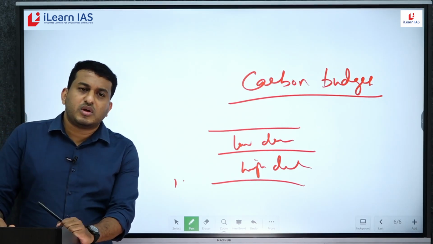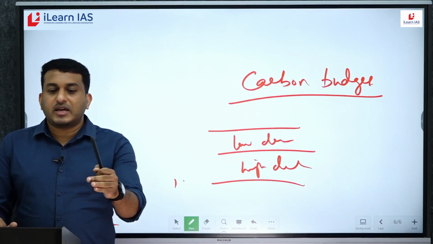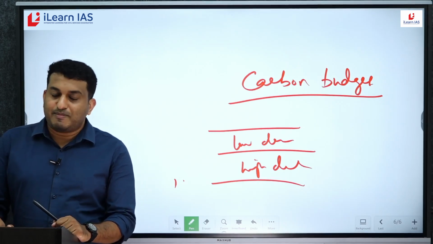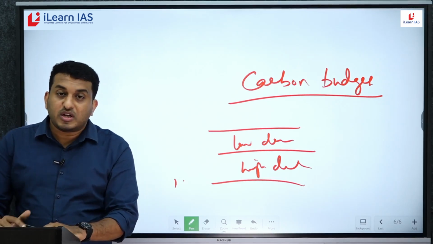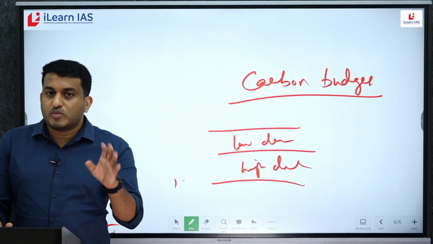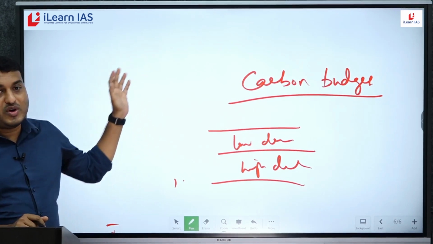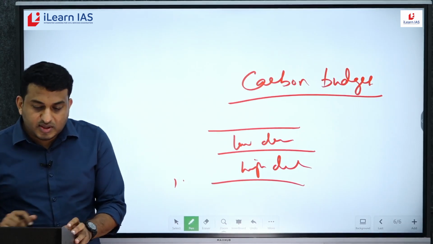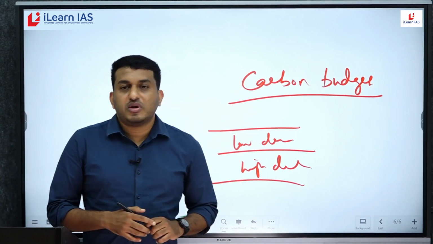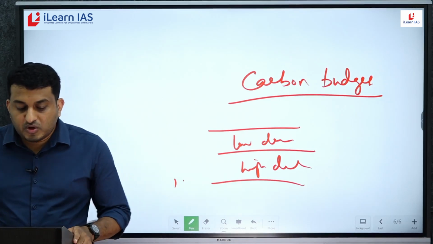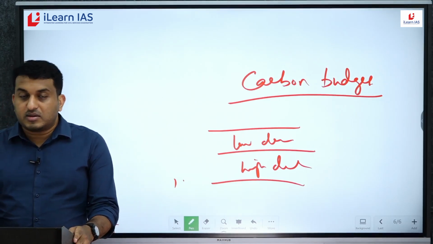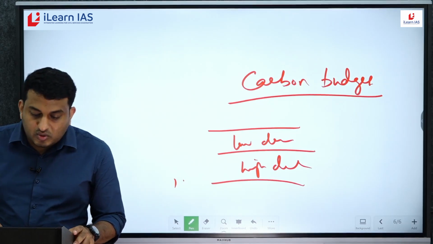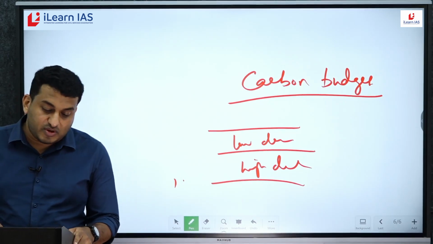It is expected that this particular report will be discussed in the next COP, which is going to happen next month, in November 2021 in Glasgow. COP, Conference of Parties with respect to UNFCCC. So this report sets the stage for the Conference of Parties 26, COP 26, which is going to happen in Glasgow in November 2021.